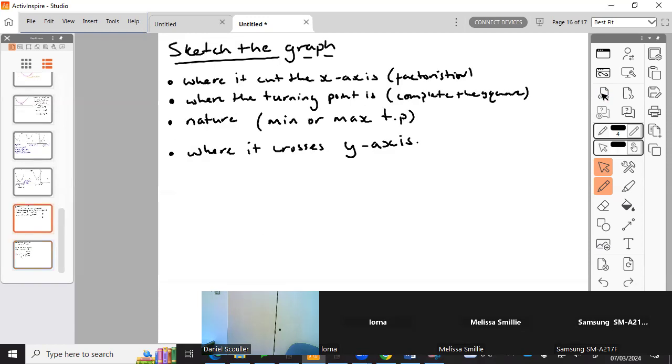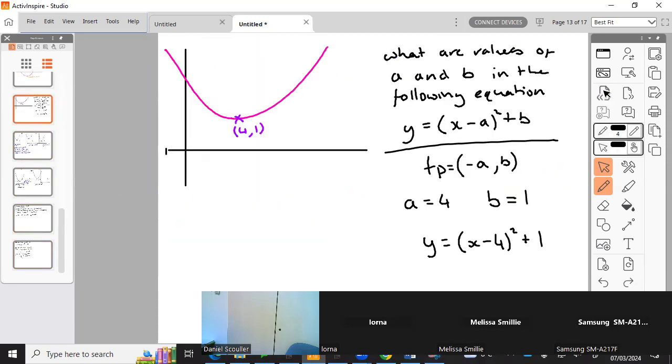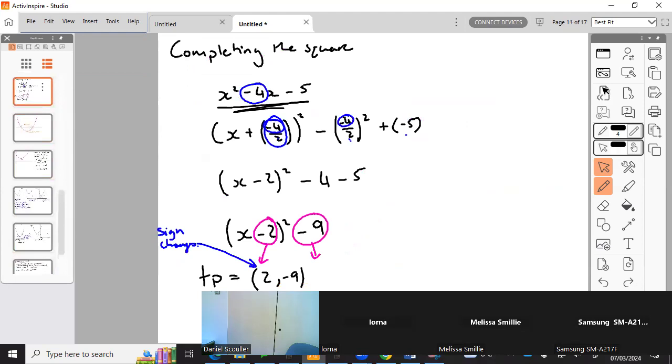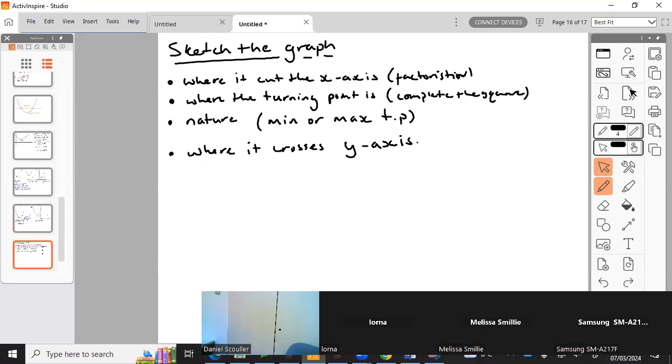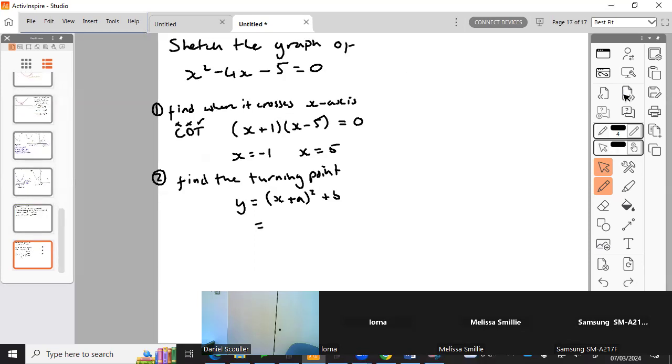We find that to be (x minus 2) squared minus 9. Again, we've done this already. So the turning point is (2, -9).